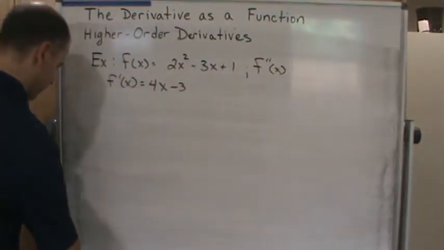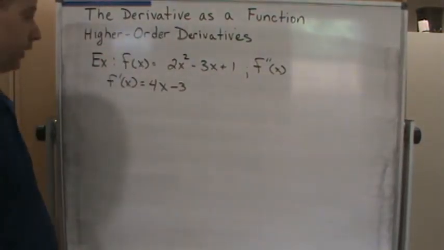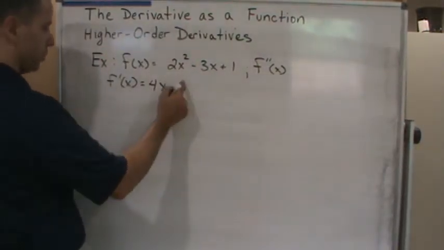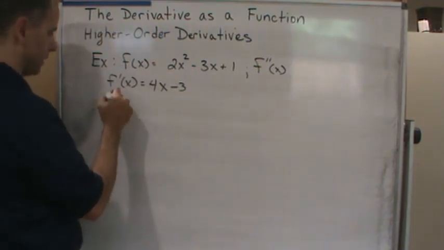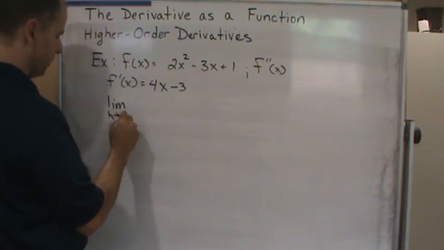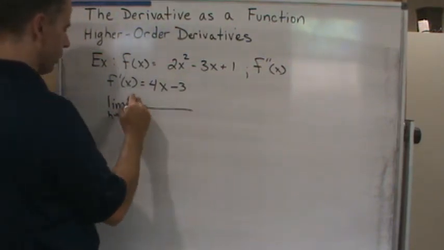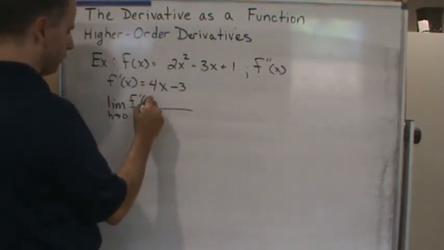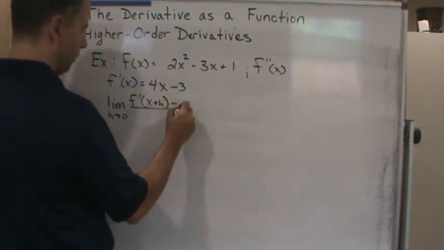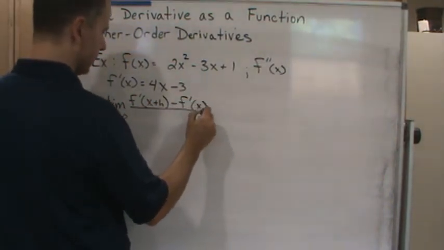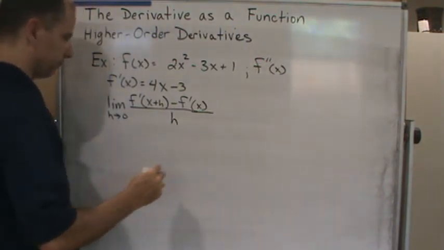Okay, so now to find the second derivative, we're going to do it again. But we're going to use this function. So we're going to do the limiting process on this function. So the limit as h approaches 0, now it's going to be f prime of x plus h minus f prime of x over h.